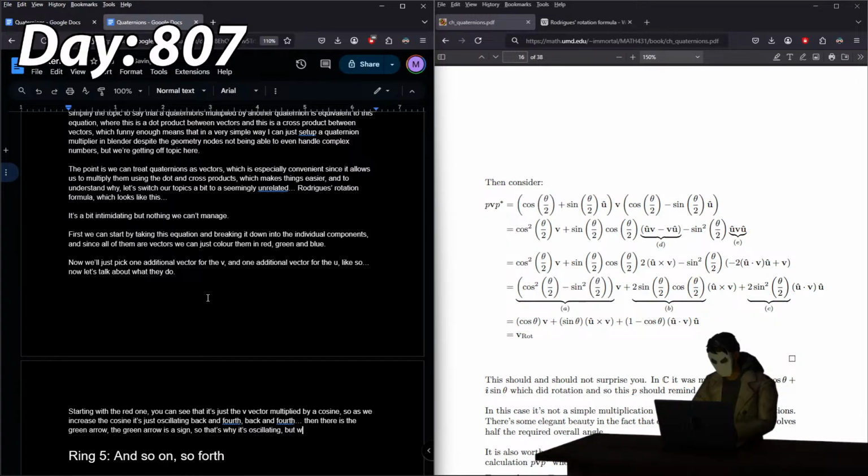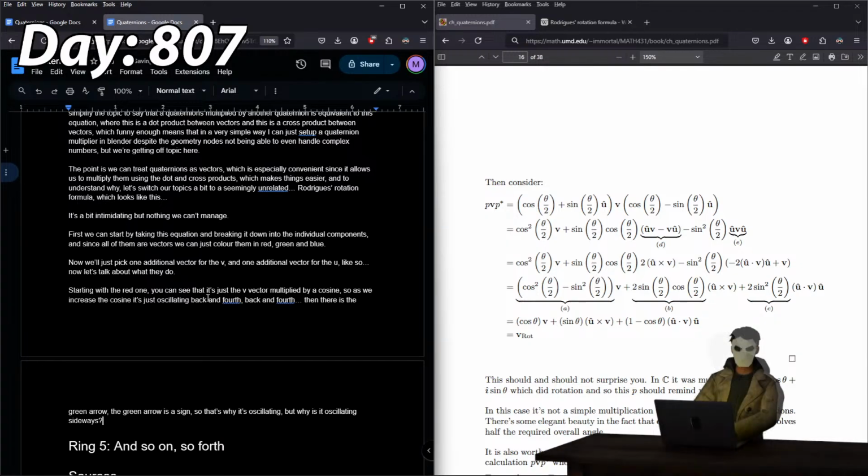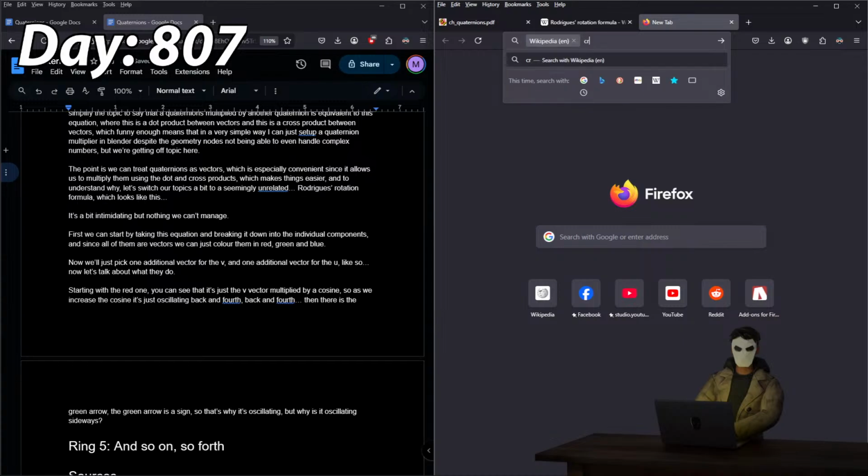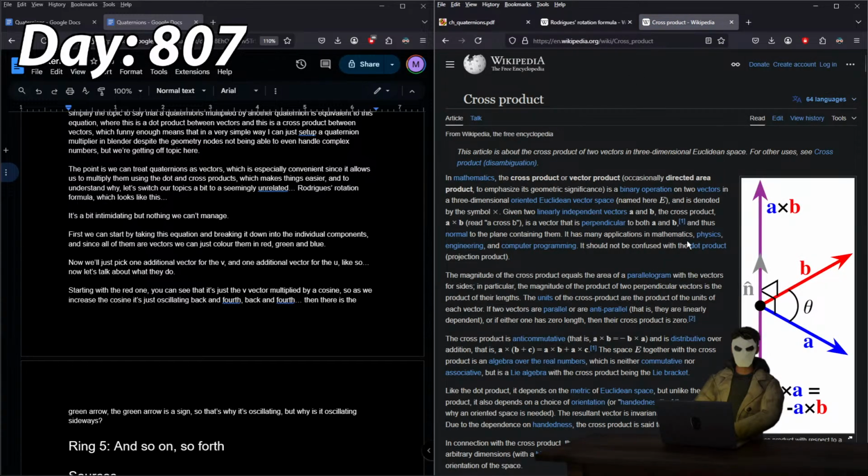But why is it oscillating sideways? If I'm not mistaken, but I'm going to double check it just in case. Cross product will give us a perpendicular line, correct? Linearly independent vectors, cross product A and B, vectors perpendicular to both A and B. Exactly. Great.